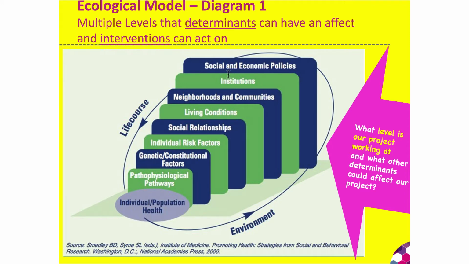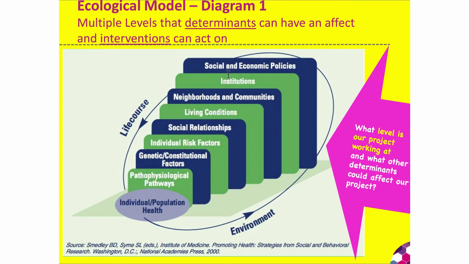Then we look at the wider neighborhood and the communities they live in, and whether these are safe, and have the services and amenities that make it a nice, safe, welcoming neighborhood and community to live in.